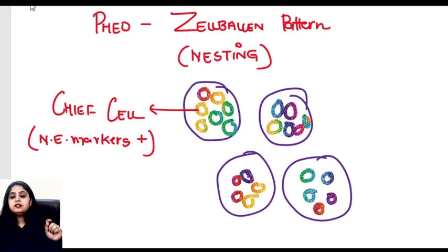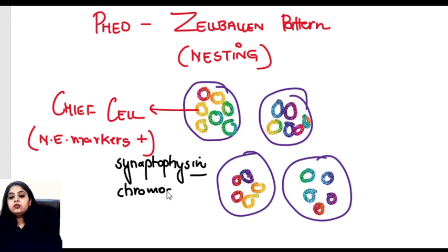First, all the markers which end with "in". Number one, we have synaptophysin, see it ends with "in". Then we have chromogranin, which again ends with "in", and bombesin. Synaptophysin, chromogranin, bombesin are markers.